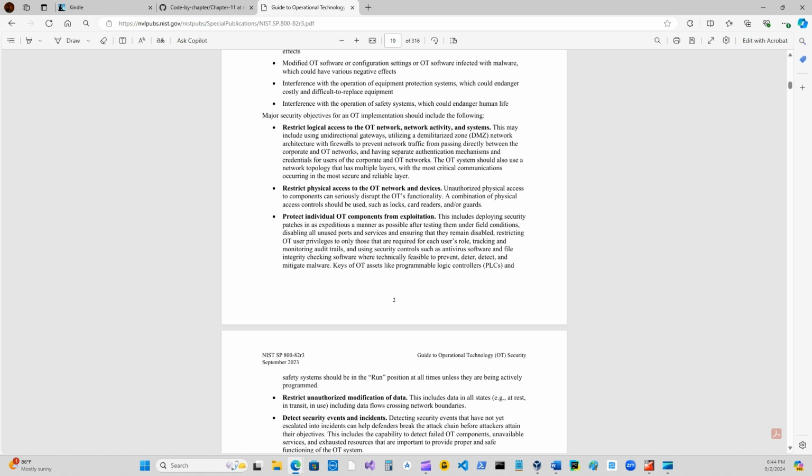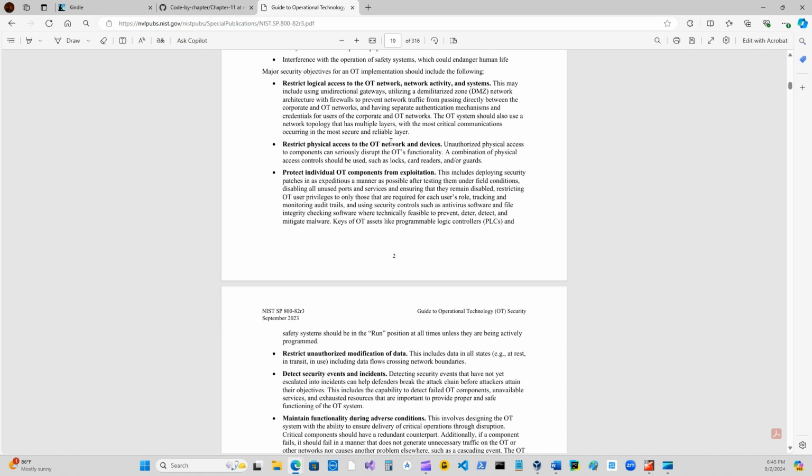It says this may include using unidirectional gateways, utilizing DMZ zones, firewalls, and separate authentication mechanisms and credentials for users. We used to have the physical doors where you had to use a card to badge in. That could be one.